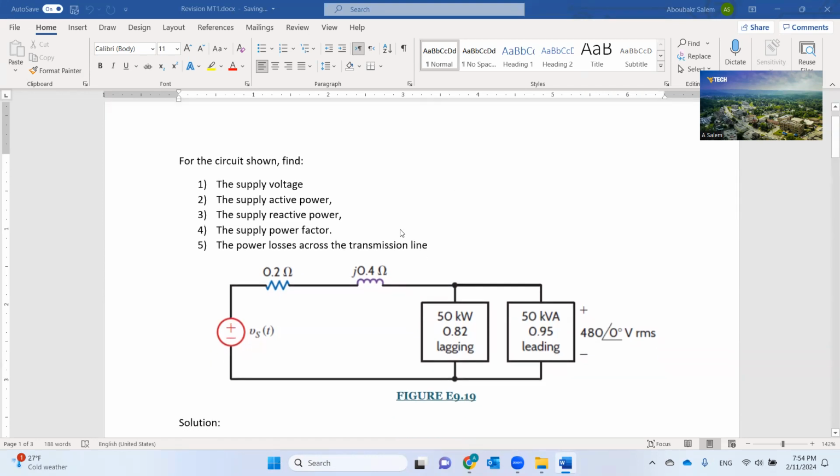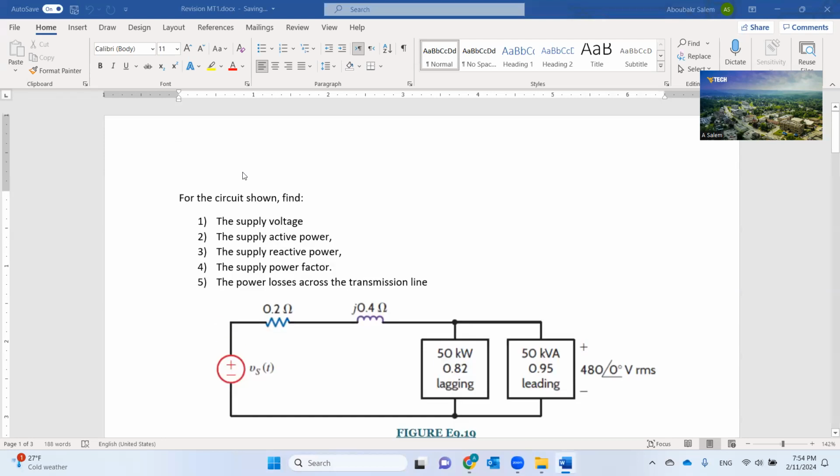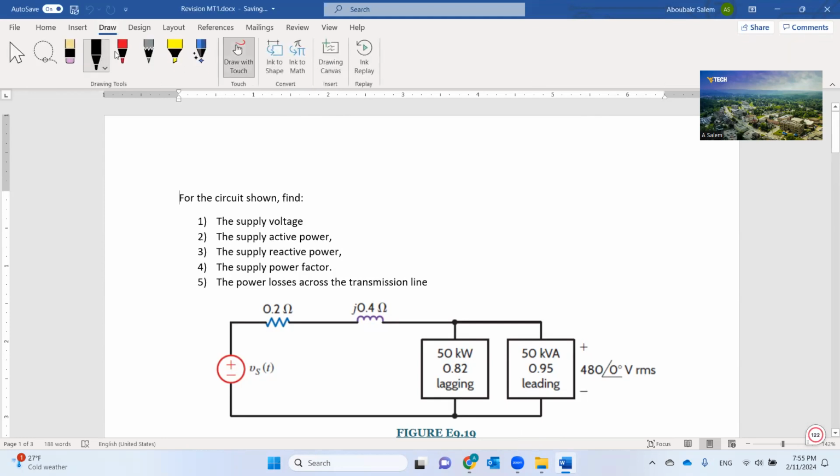So for instance here, in this example, we have two loads. As you can see here, guys, we have two different loads.